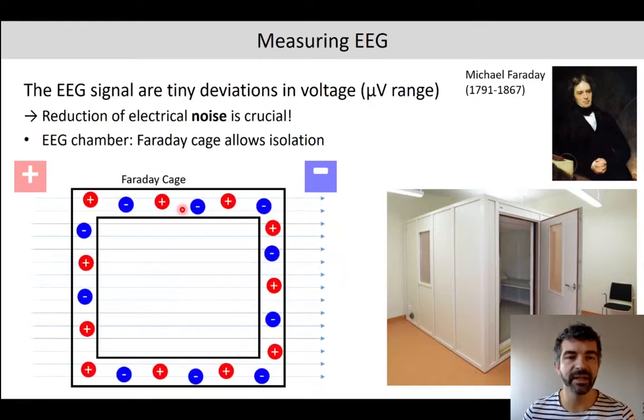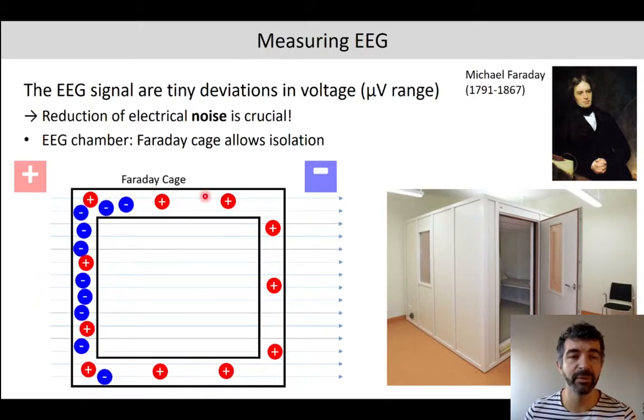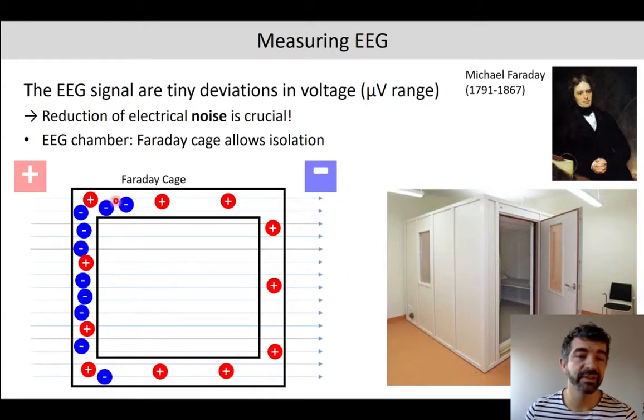Well, there are ions in the Faraday cage, in any kind of metal. The negative ions will move according to the magnetic field. The positive ions cannot change. They're in a stable grid. But the negative ones, the electrons, can change position, so they will go to the direction where the positive part is, which is here.